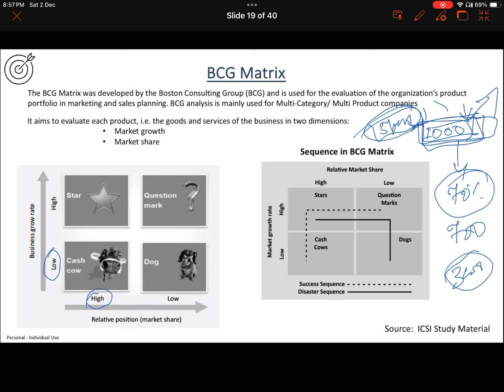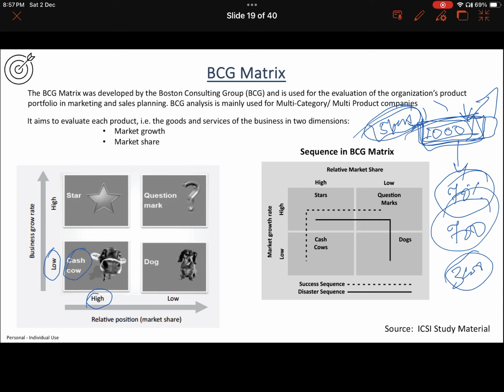So the market is not growing, but we have a good share in that. This situation is called a cash cow.